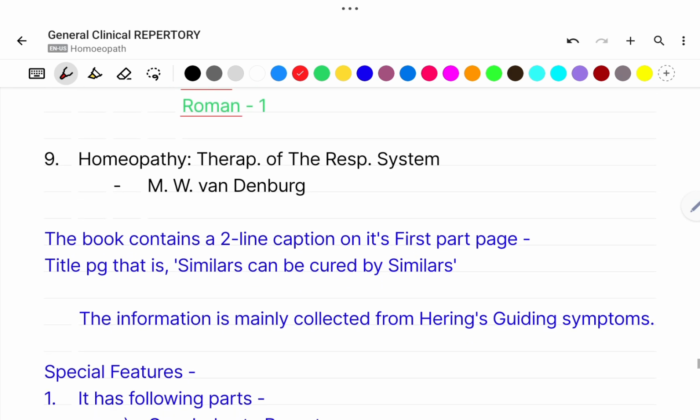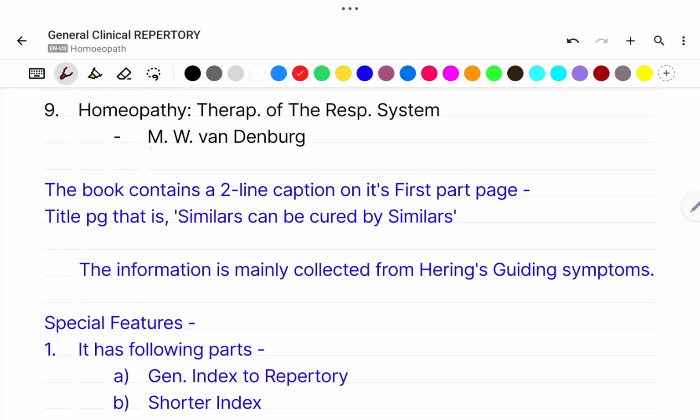Now our last repertory is Homeopathic Therapeutics of Respiratory System by M.W. van den Berg. The book contains a 2-line caption on its first page, the title page, that is: Similars can be cured by similars. This was the caption.